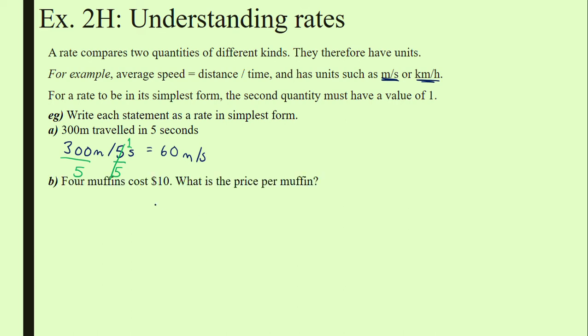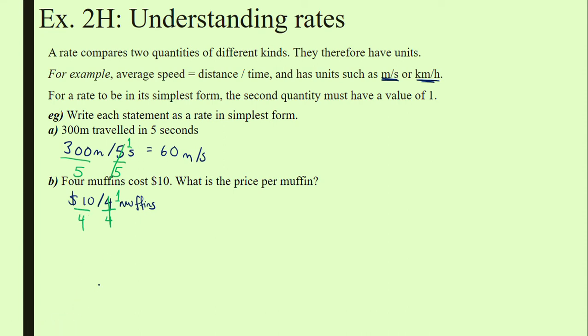4 muffins cost $10. What is the price per muffin? So we want the price per muffin, and we've got 4 muffins here. Again, we want to make this second number here the number 1. To do that, we're going to divide it by itself. We get 4. We need to do the same to the first half of the rate.